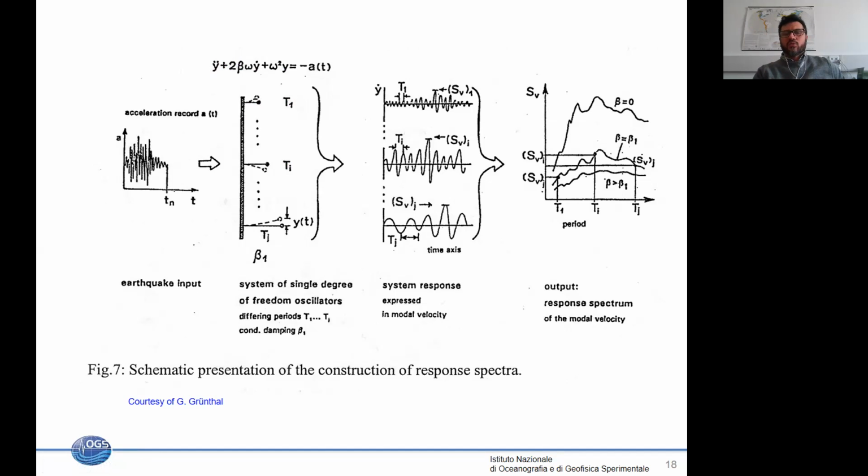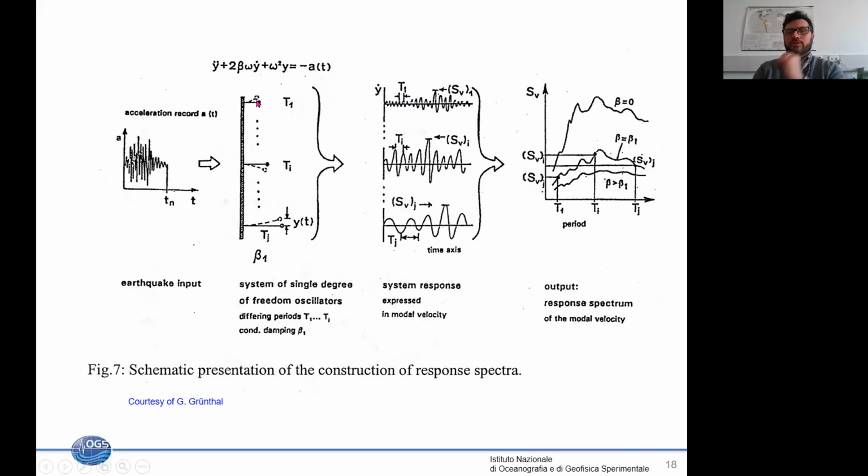So how does it work in principle? In a very simplified way, just imagine that we take this shaking, we put it below a small oscillator with a short period, so high frequency, and we check the movement versus time of this oscillator.